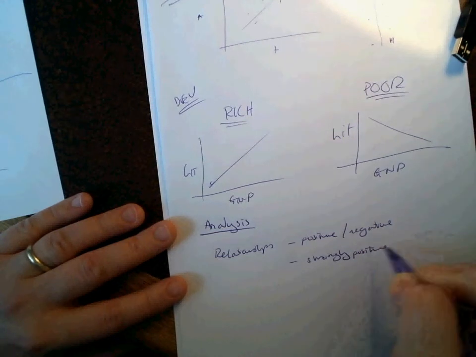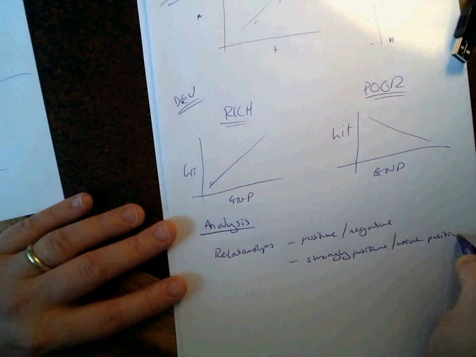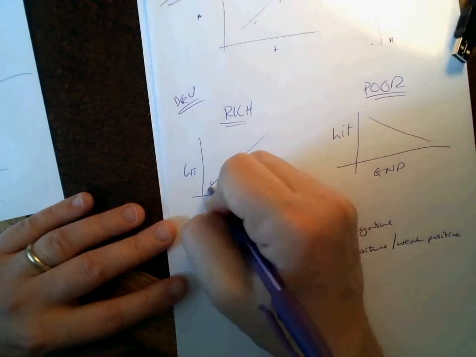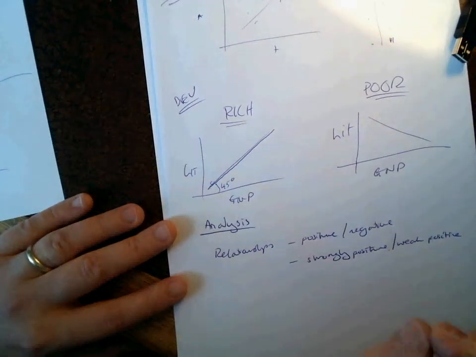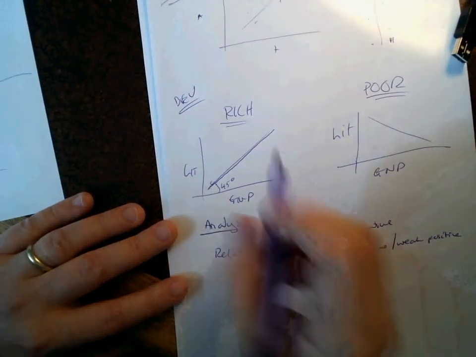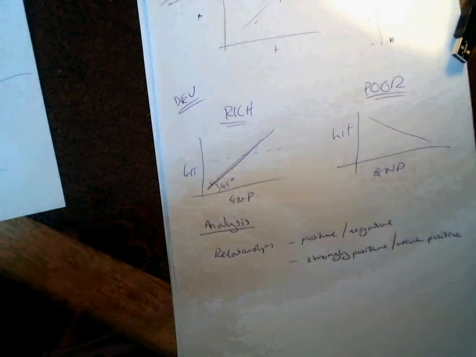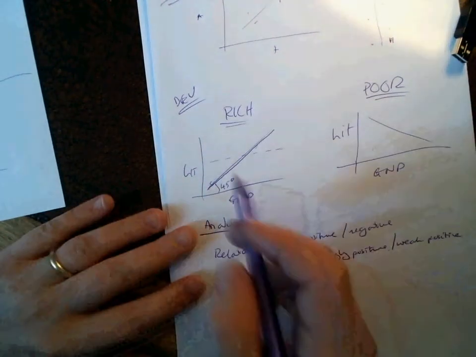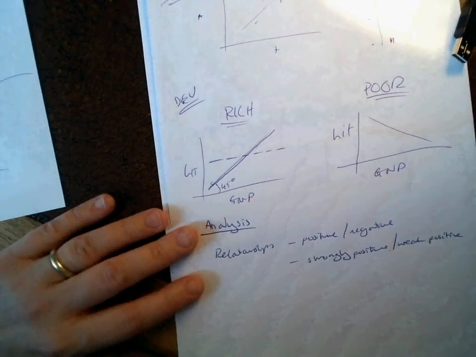Are they weak positive? Remember, if a graph has a perfect 45-degree angle, then it is a perfect correlation and it can't be stronger. The more the line tends towards horizontal, the weaker the relationship. Indeed, if you get a scatter plot that shows a flat line, then that's basically saying there's no relationship.